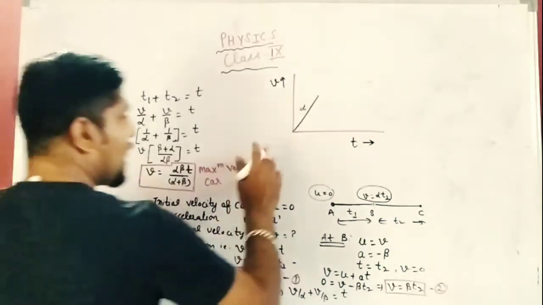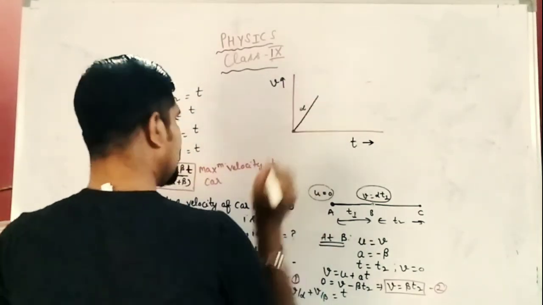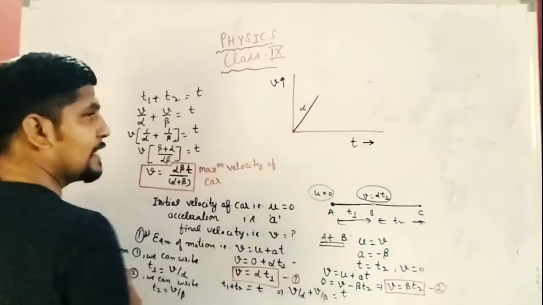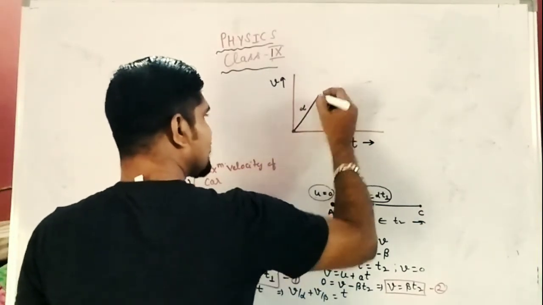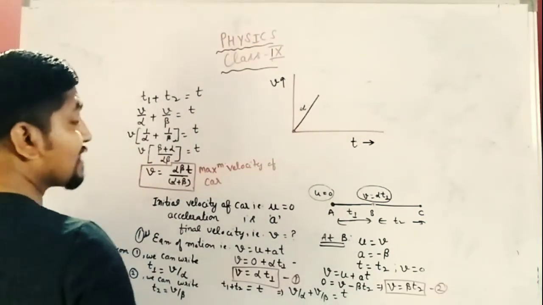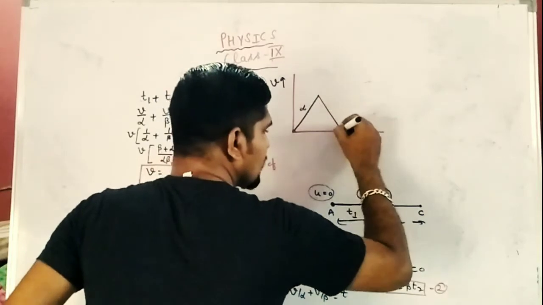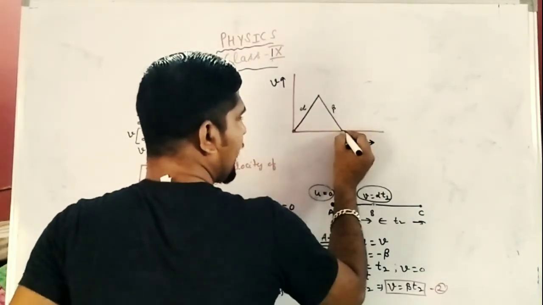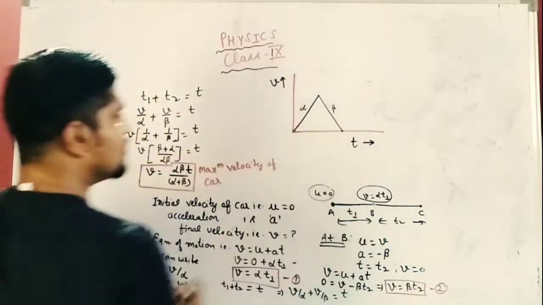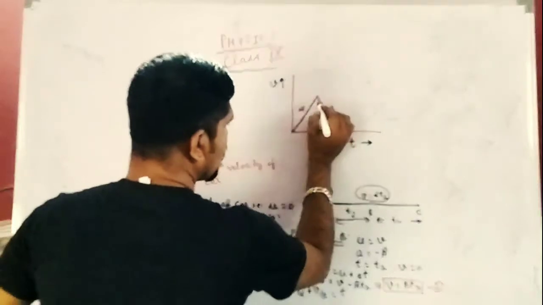The car starts from rest, that is, from 0, and constantly accelerates. Then it starts decelerating at constant rate beta, and then comes to rest, means again it comes to 0.